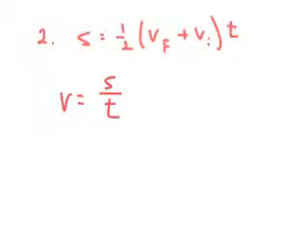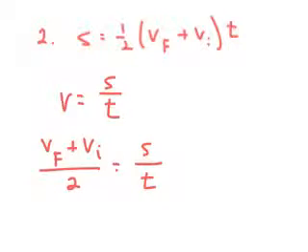So if we replace the v average with the mathematical definition of averaging, taking the two velocities and dividing by 2, that would be v sub f plus v sub i over 2. That's the averaging. So I replace the v average on the left side of this equation with the mathematical definition of averaging, two numbers, equals s over t.